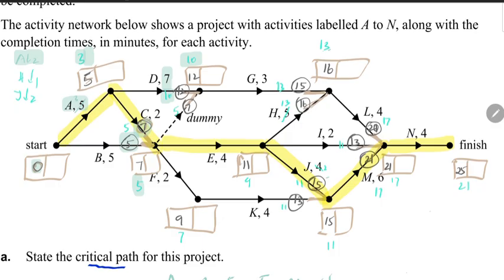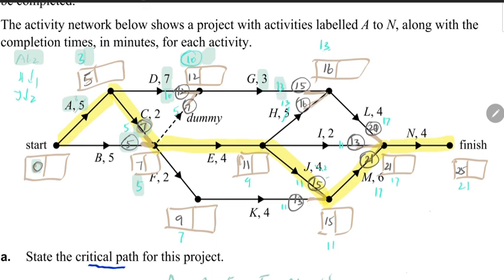Now, of the two values, the larger value being 10 is this value. So let's go along G. I usually prefer to go along the activities that can't be reduced because that forms the limiting value, and then compare how much reduction is required along the path which can be reduced. And so 10 plus 3 is 13.